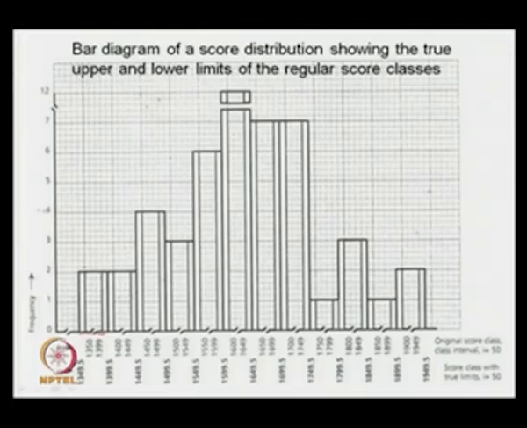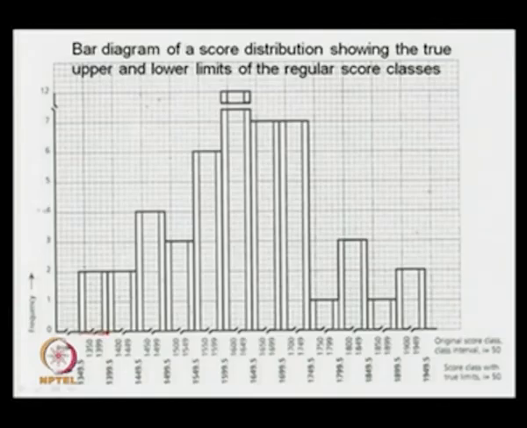The next one, just below, minus 0.5, will be 1399.5 instead of 1400, means this point is being shared by both the groups.